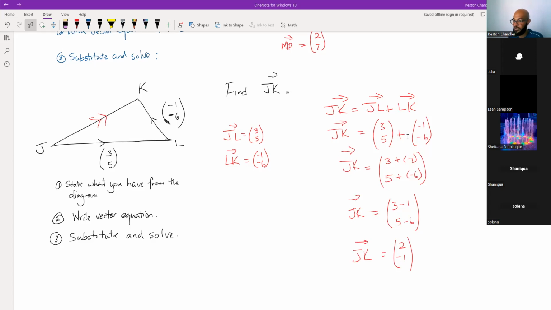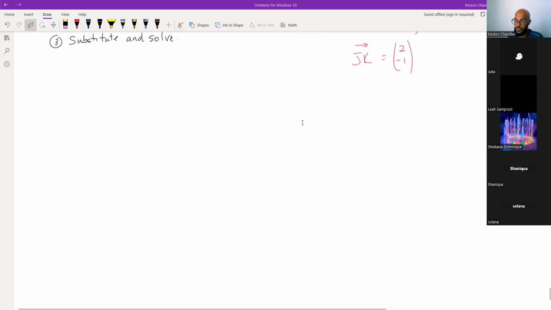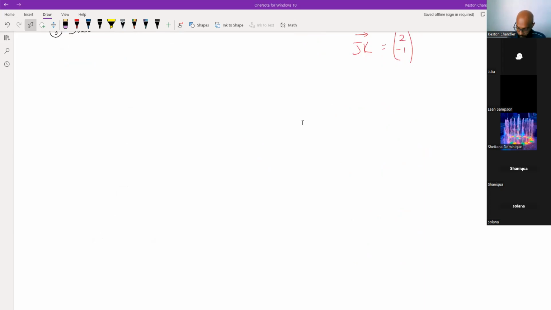Right, excellent. I just want to show you all something really quickly before we go, and that's changing directions. So let's say I have these vectors here. XY is 2, 3. LM is equal to 4, 5.